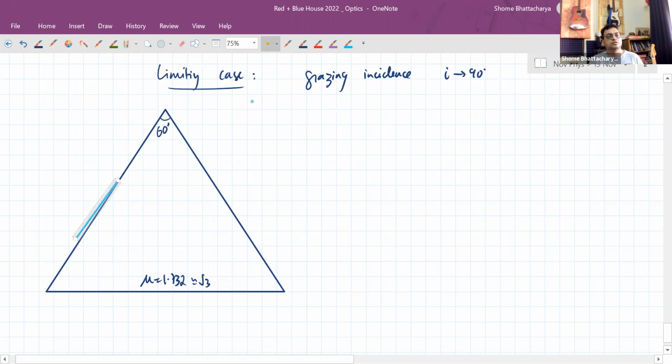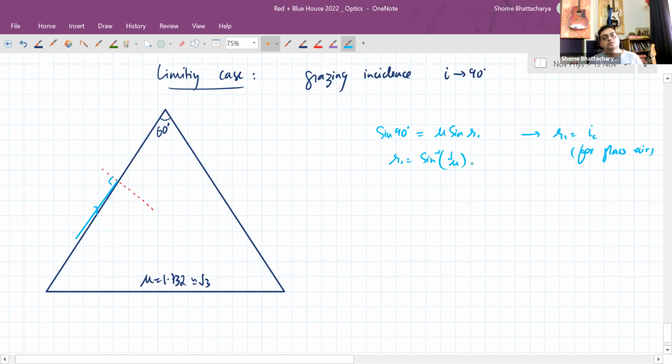Okay. So then we have to apply the reversibility concept to the critical angle idea. So what we'll realize is that the angle of refraction here will become critical angle. So sine 90 degrees is equal to mu sine R1. So this R1 will actually become the critical angle for that glass here. You can see R1 will be sine inverse of 1 by mu.